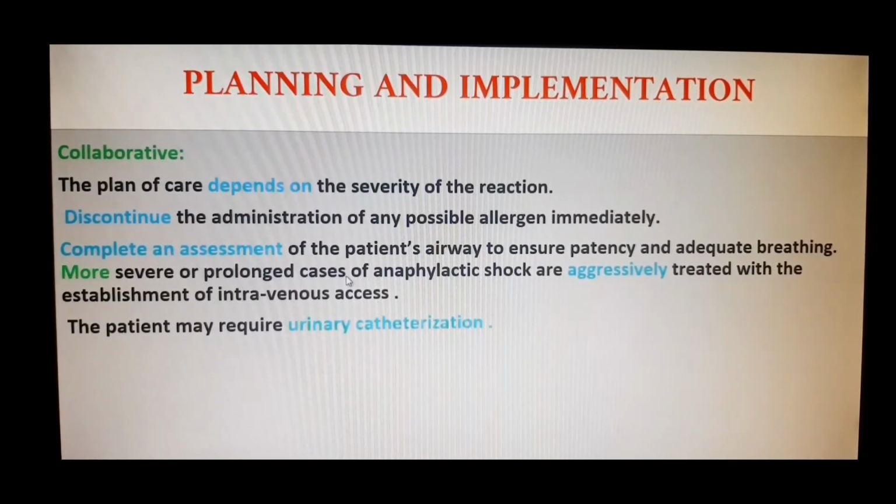More severe or prolonged cases of anaphylactic shock are aggressively treated with the establishment of intravenous access and infusion of normal saline or lactated Ringer's solution, as well as supplemental oxygen therapy. The patient may require urinary catheterization to monitor urinary output during periods of instability.